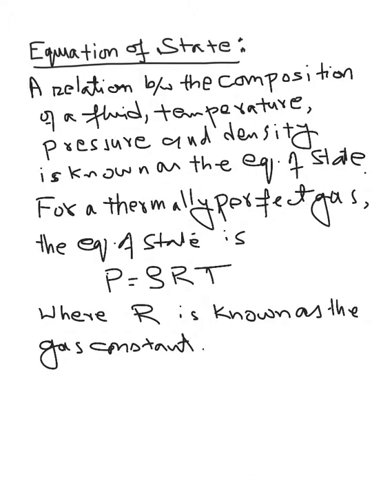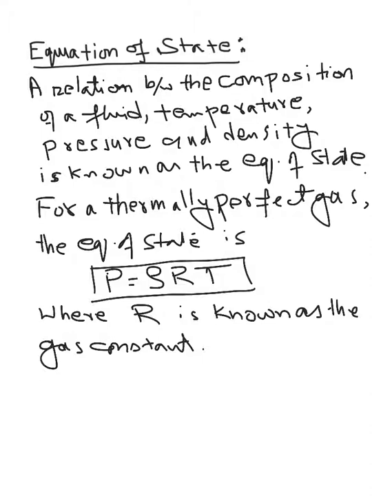Our next topic is the equation of state, which is a relationship among the temperature, pressure and density of the fluid. For a thermally perfect gas, the equation of state is written as P equals rho R T, where capital R is known as the gas constant.